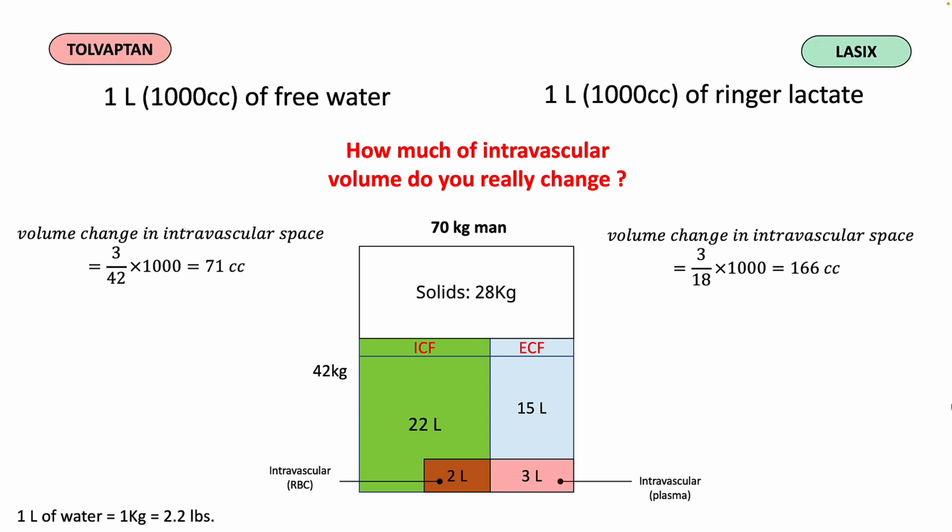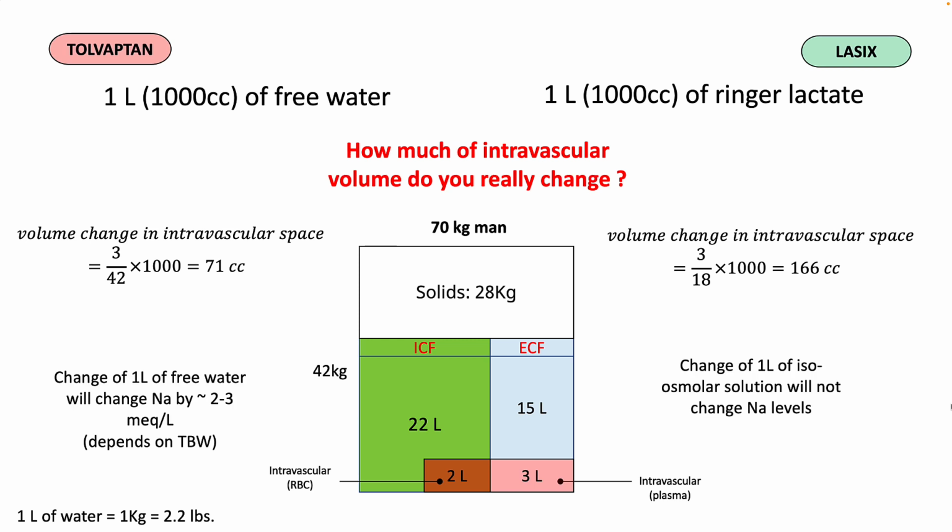And that's the difference between tolvaptan and Lasix. Lasix results in loss of isoosmolar urine, so it does not change your sodium levels. However, tolvaptan results in loss of free water, so loss of around a liter of free water will change your sodium by 2 to 3 milliequivalents. However, it does depend on total body water, so it will vary among patients.